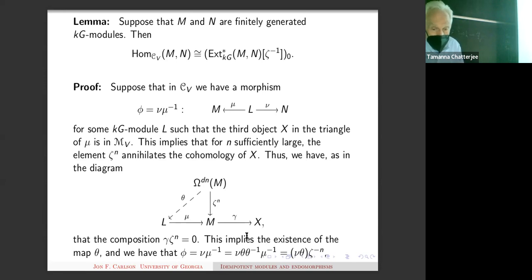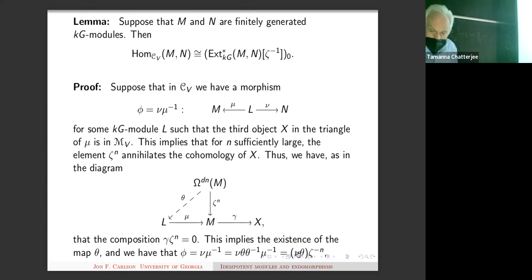So what we get is, okay, I can come down here and I can put in theta inverse here. The new theta inverse, the mu inverse theta inverse, is equal to zeta to the n.